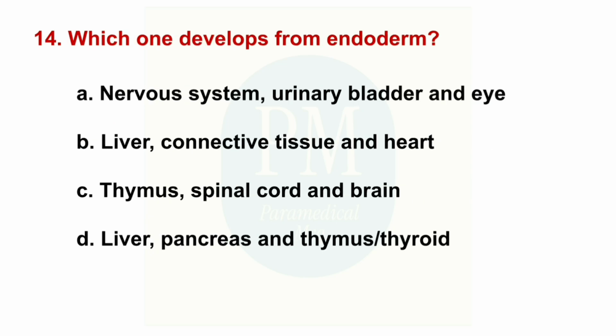Which one develops from endoderm? Option A, nervous system, urinary bladder and eye. Option B, liver, connective tissues and heart. Option C, thymus, spinal cord and brain. Option D, liver, pancreas and thymus or thyroid. The correct option is option D.